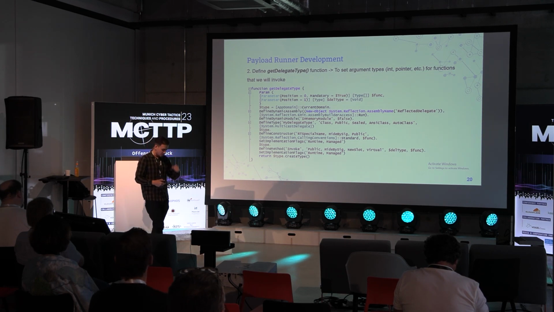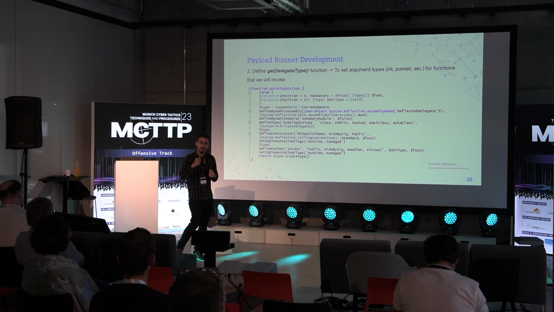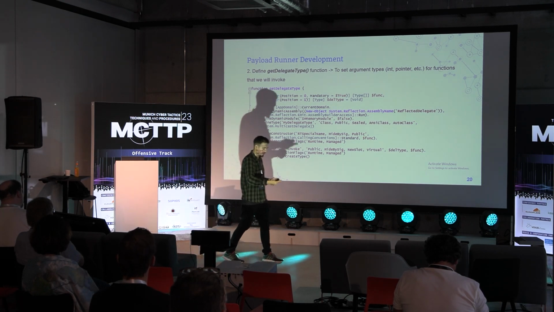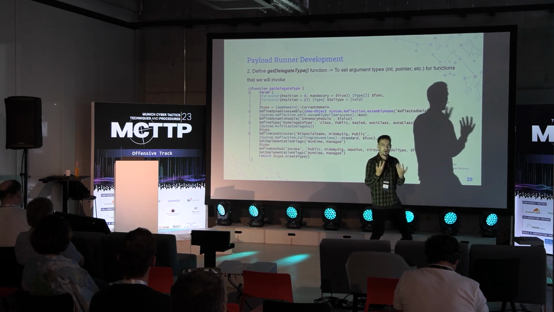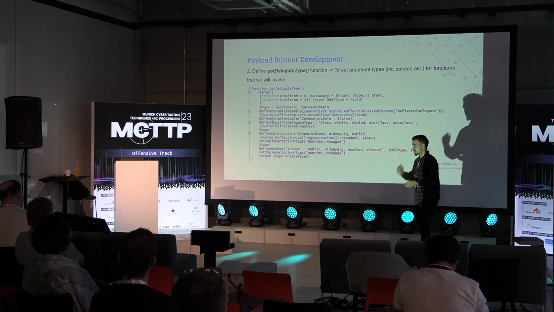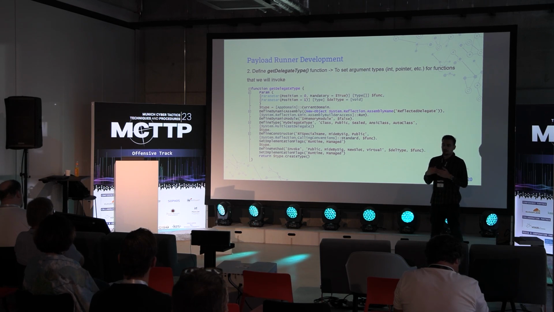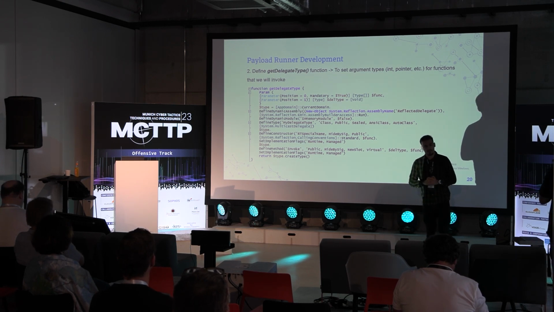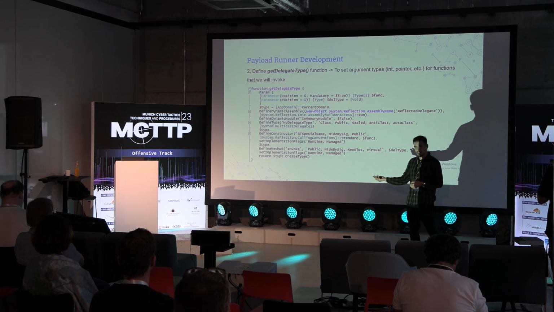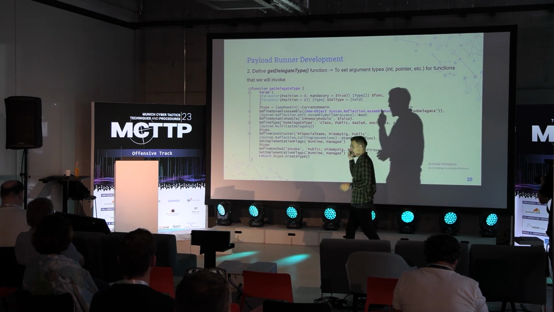Why is it necessary to have such a function? Because integers, pointers, and all those argument types defined through the Windows API native functions are not known by PowerShell. So PowerShell doesn't have that context to be able to set them and provide them to the function as arguments.